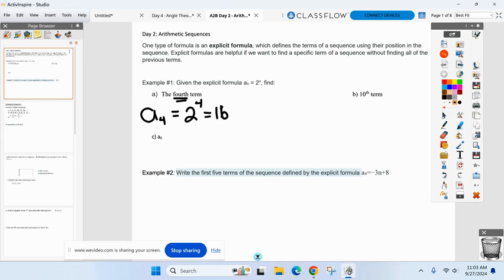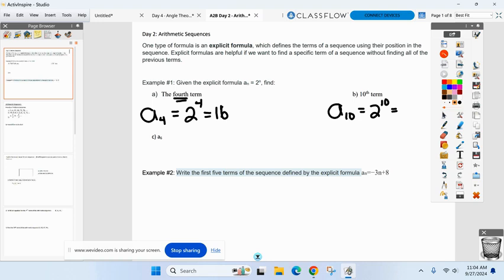All right, how about the 10th term here? 2 to the 10th? That's a very large number. 1024 off the top of my head. I was just doing it in my head. 1024.